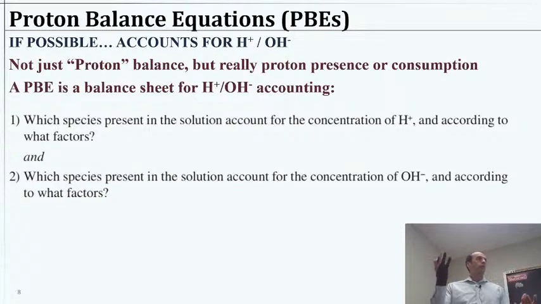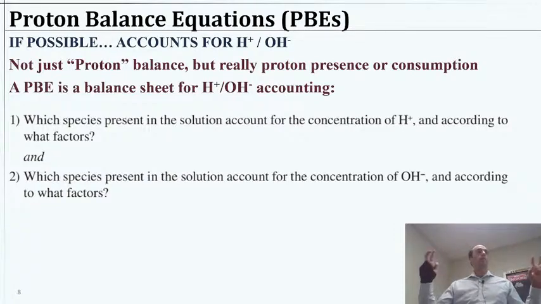So one is the source of the other, and the other is the source of the first. That's just a very simple equation. But ultimately what we're doing is trying to add up the total amounts of each. We can note that under certain circumstances, this might be the same as an electroneutrality equation or a mass balance equation, but overall, it's more of a source of acidity and basicity.